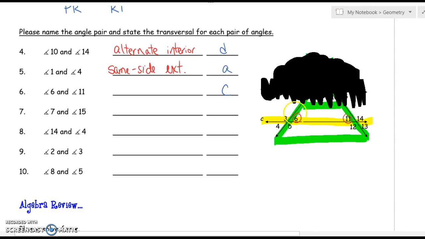Notice they are both on the same side of the transversal. I can't really show you in this video, but if you need to, rotate your paper 90 degrees counterclockwise, and then hopefully it'll be easier to see. Sometimes it's helpful to have the transversal going up and down. You'll see that those are same side and they're interior, so it'll be same side interior angles. Okay.